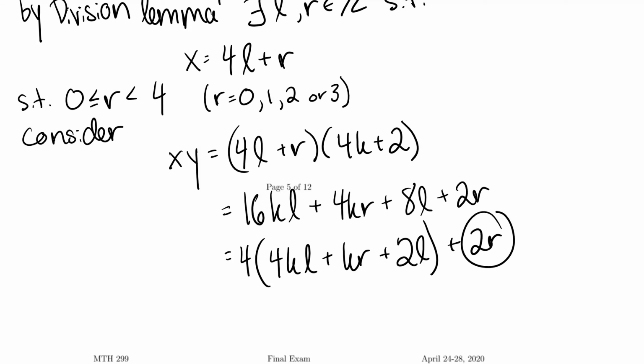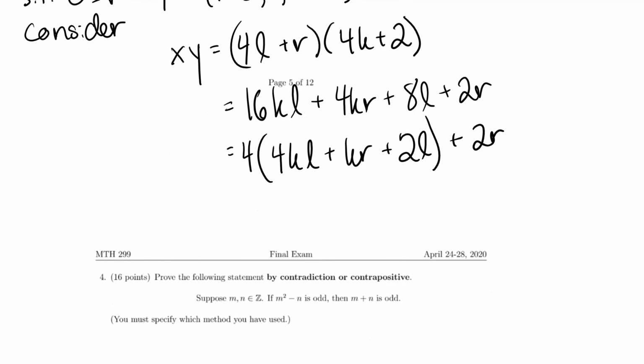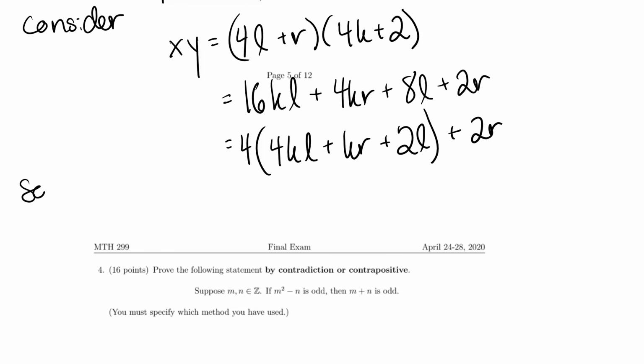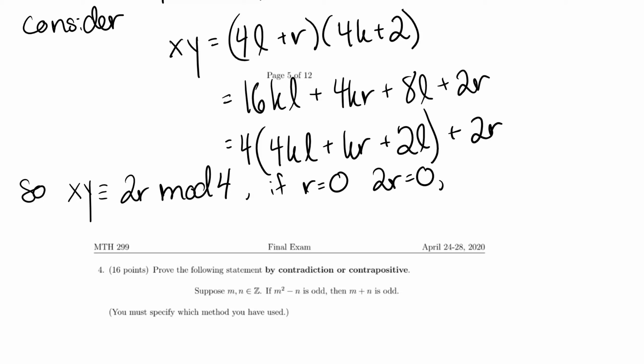Now, what we want to show is that 2R is never equal to 1. So x times y is equivalent to 2R mod 4. If R equals 0, 2R equals 0.